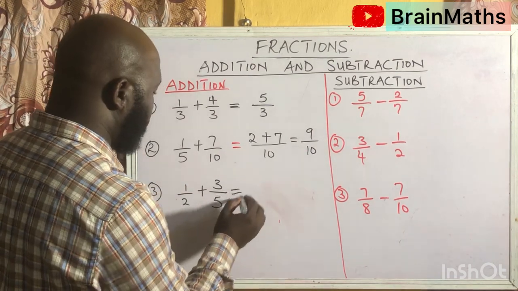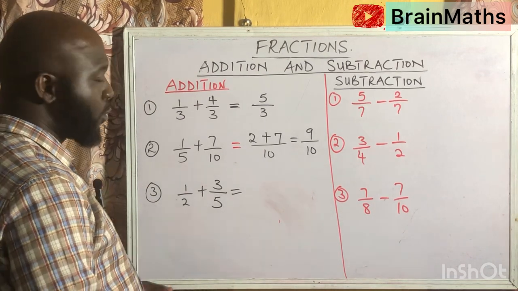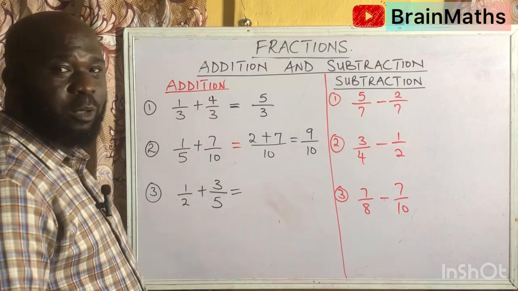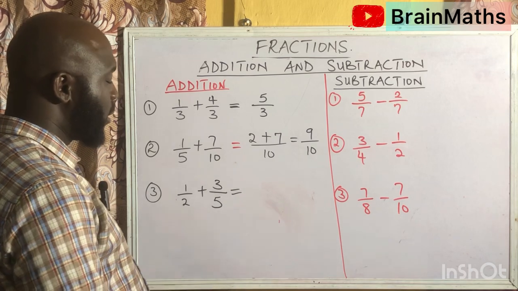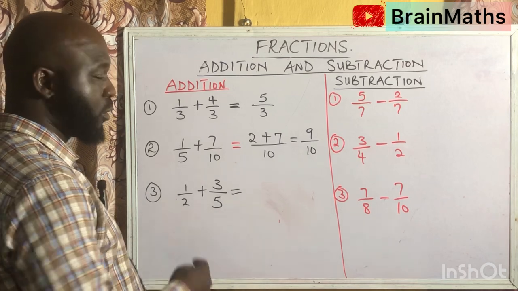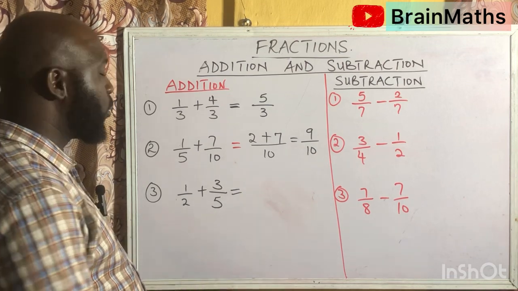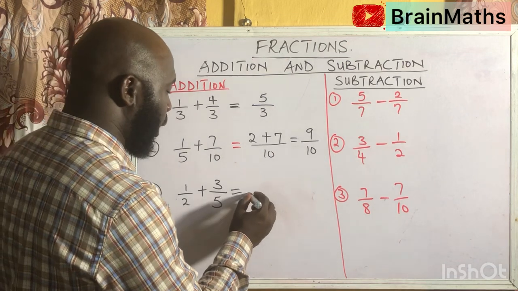The third question is where we have denominators where we cannot say one is a multiple of the other one. So in this case, we multiply both denominators to get our LCM, or still use the method of finding the LCM that I showed earlier.